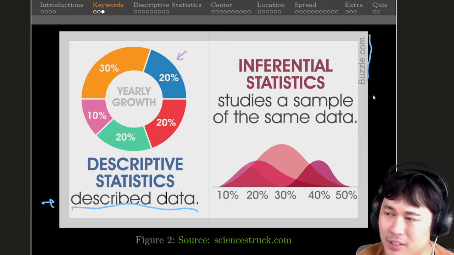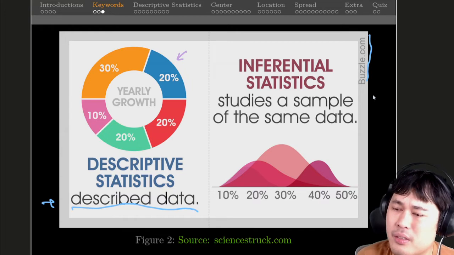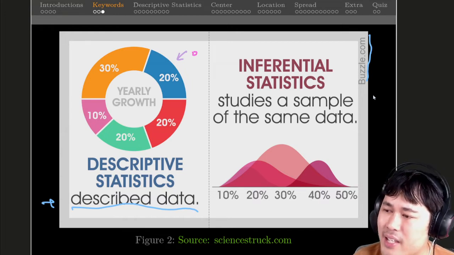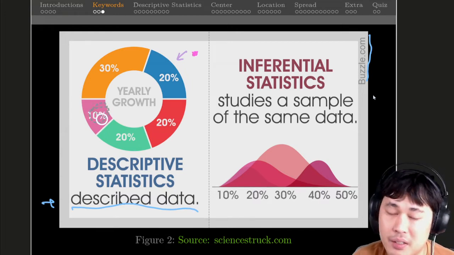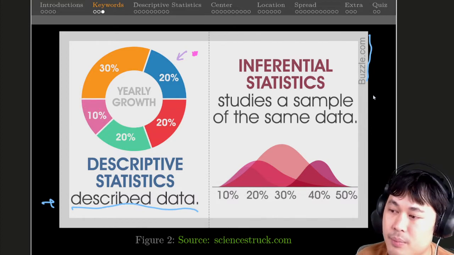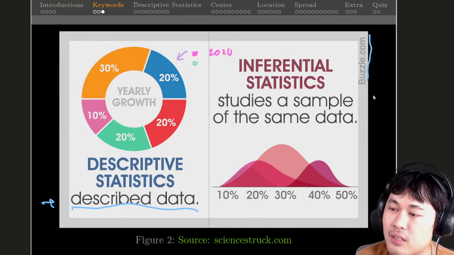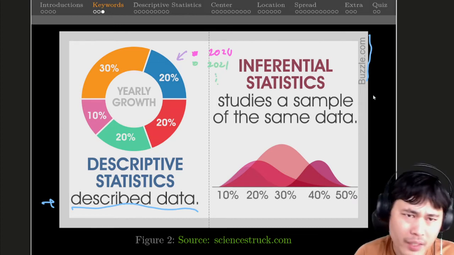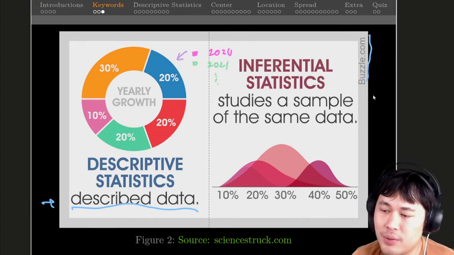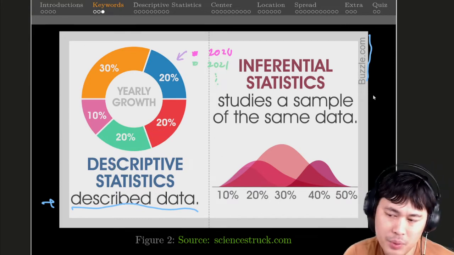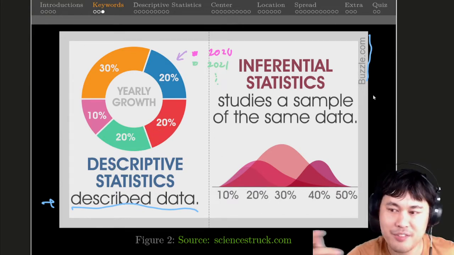What is missing from this is maybe a legend that says, okay, this pink section that says 7% means the data in 2020. The green part, which says 10%, is the data from 2020, and so on.